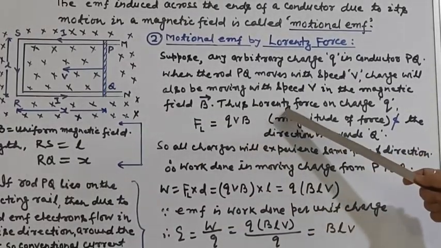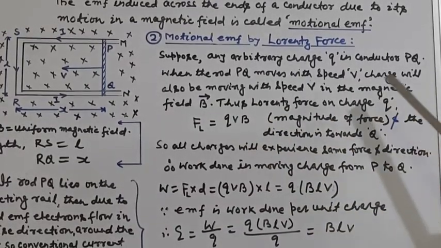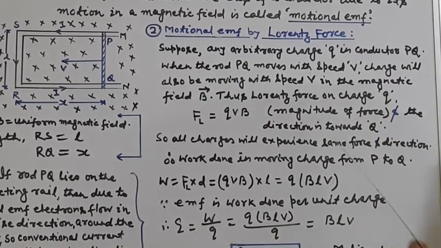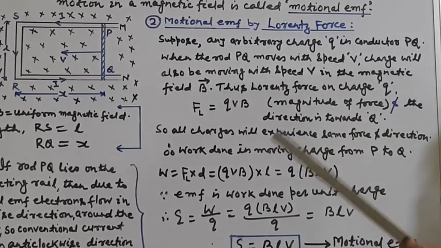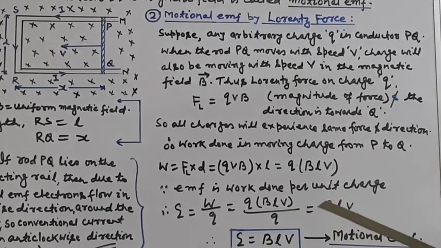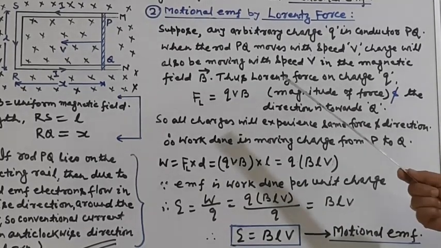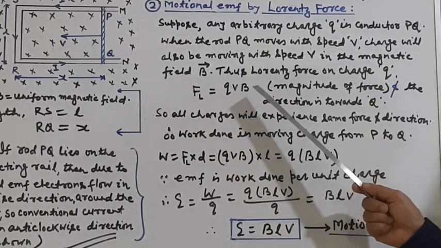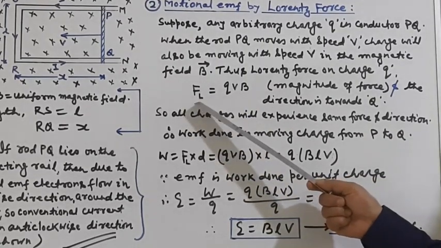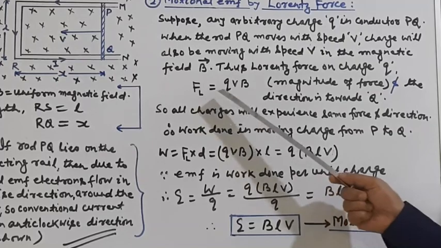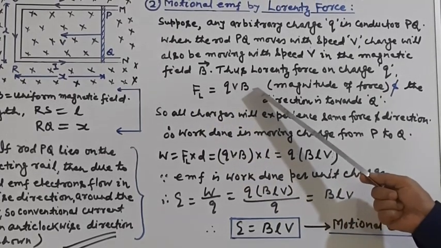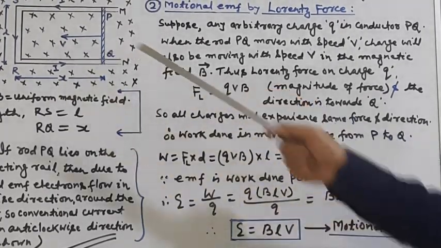So thus, the Lorentz force on charge Q. Lorentz calculated that the force on a charge moving with some velocity in a magnetic field which is inclined at some angle with the field is QVB sin theta. Here it is written F_L, where L stands for Lorentz force. F_L is equal to QVB sin theta, where theta is 90 degrees because the field is perpendicular.